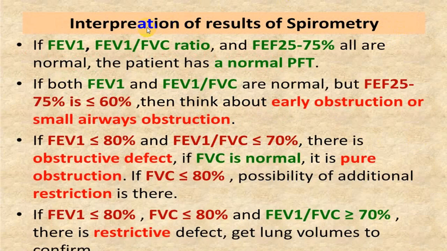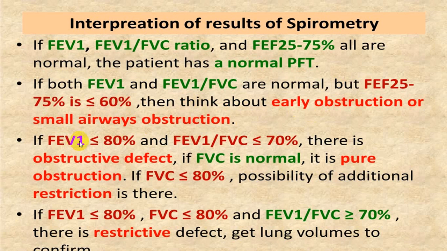So interpreting the results of spirometry, you will require FEV1, FEV1 to FVC ratio, and you will require FEF 25-75. If all are normal, you call that a normal PFT. If FEV1 and FEV1 to FVC ratio are normal, but FEF is abnormal, less than 60, then it is an early obstruction or small airway obstruction.